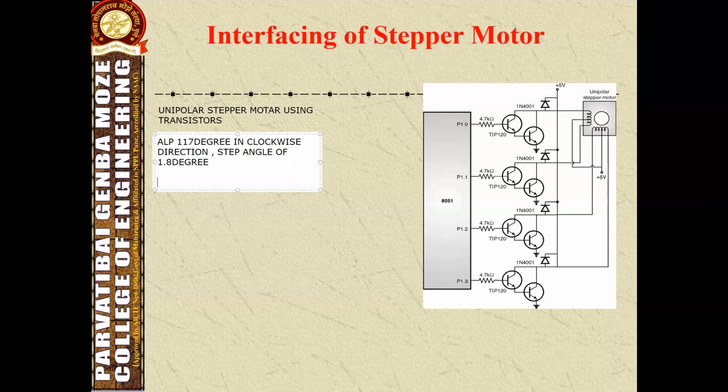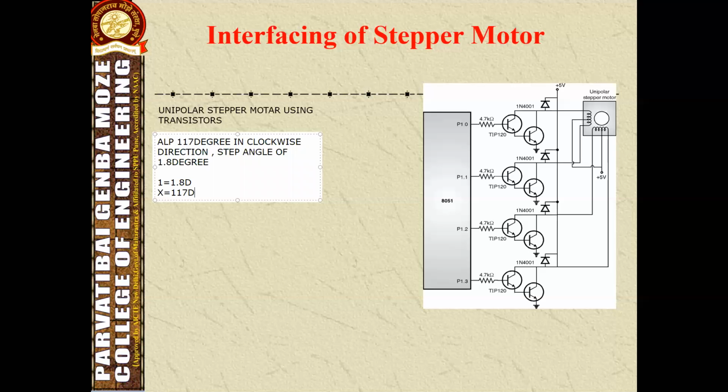So it means that one step includes 1.8 degrees of rotation, and how many steps are required for 117 degrees of rotation?